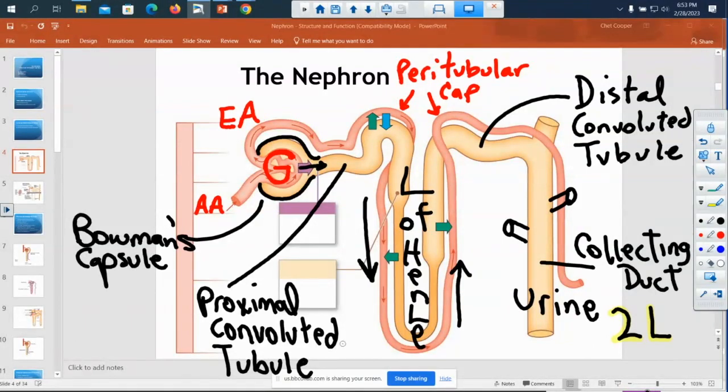Remember, the number we want to have is about 2 liters per day for urine. About 2 liters. How much blood? 5. About 5 liters. Good. And so that's your next markup.